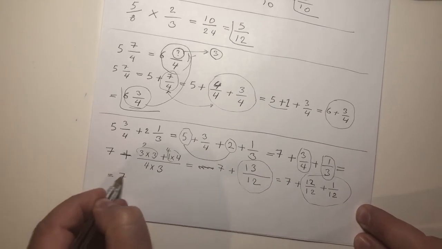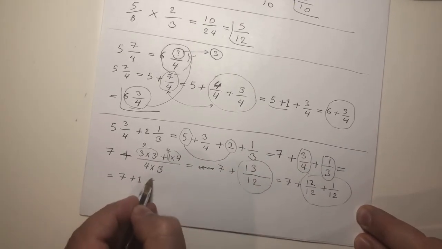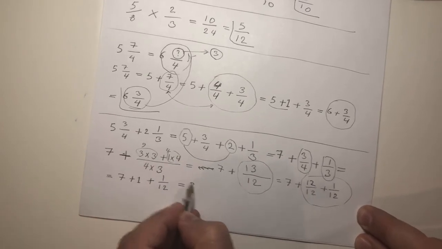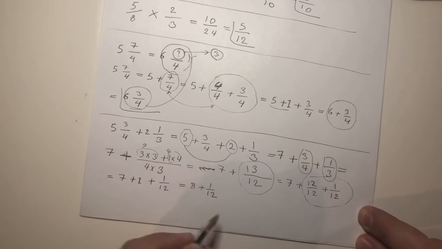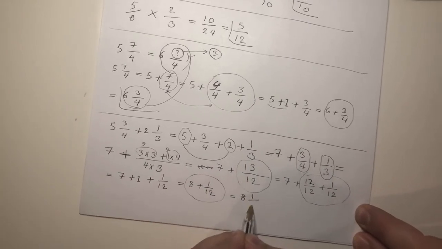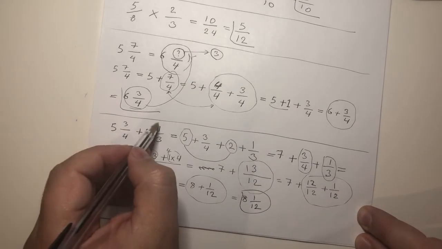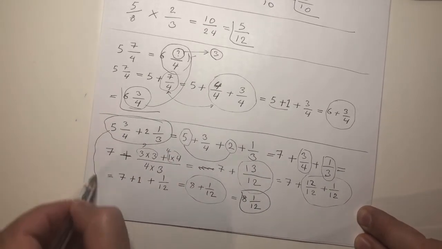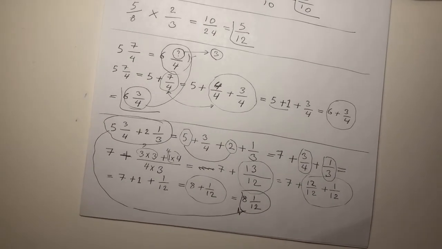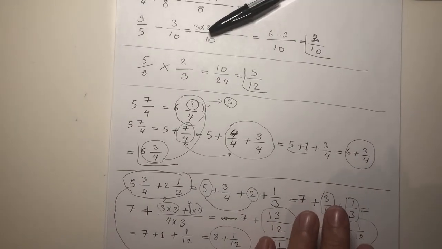So the result would be 7 plus 12 over 12, which is 1, plus 1 over 12. So it would be 8 plus 1 over 12. So if we write it as a mixed number, it would be 8 and 1 over 12. So the result of this addition is 8 and 1 over 12.